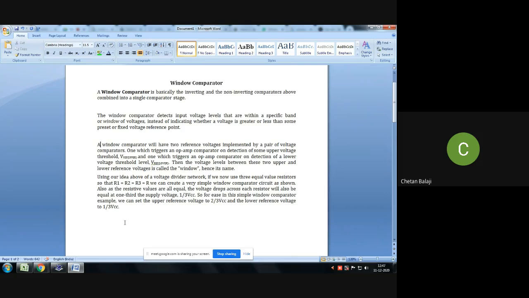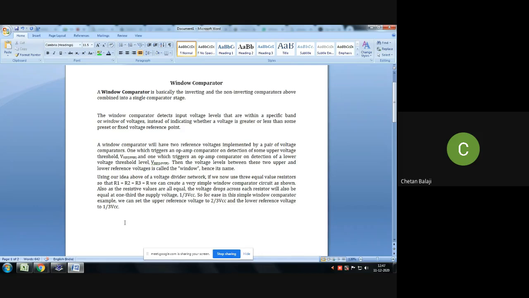The inverting comparator and non-inverting comparator give outputs in the form of high or low, depending upon the type of input signals. But since this is a window comparator, a mixture of both inverting and non-inverting, the output detects the input voltage level, whether the input voltage is in between this range or not.